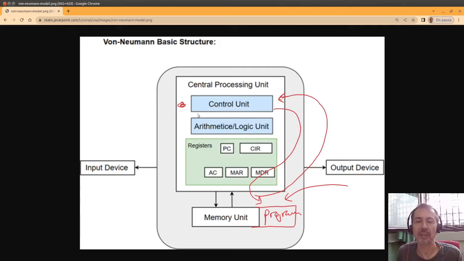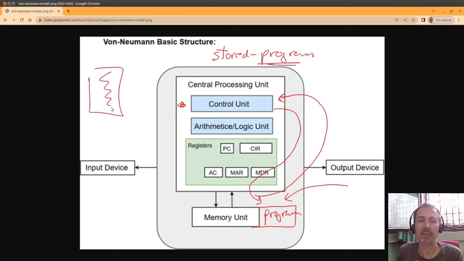That is called the stored-program computer, because the program is not separate but is stored inside the memory. And that's how almost all computers work today.